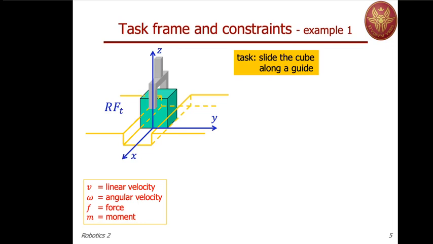We can place a task frame, a reference frame with a subscript t. In fact, the x, y, and z axes should carry also a subscript t, but in order not to overload the notation, I just kept them as such. As you can see, you immediately see how to place the frame at the contact.